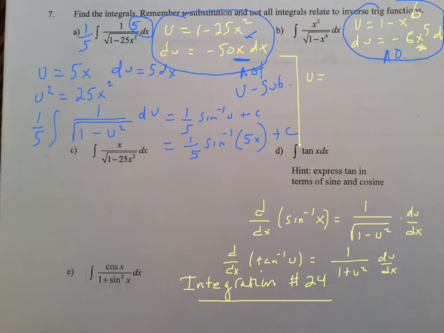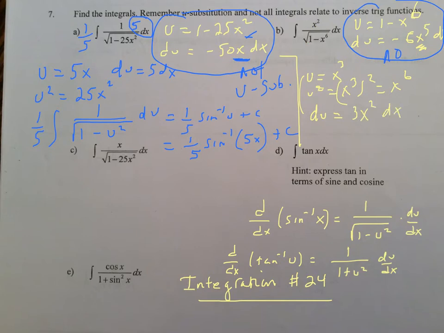Well, if u is x cubed, then u squared would be x cubed squared, which is x to the 6, which is good. And the reason why that is very good is because du, taking it from here, would be 3x squared dx.